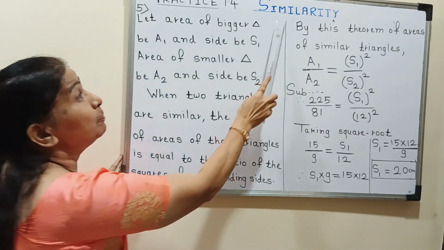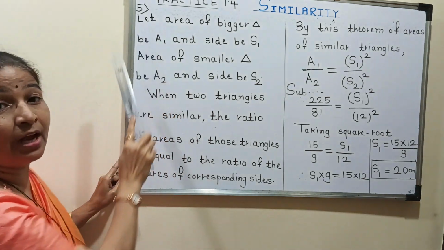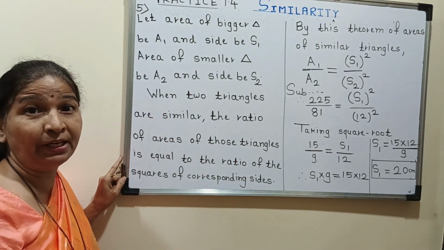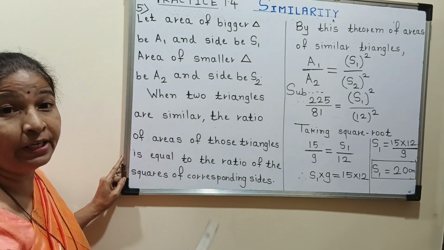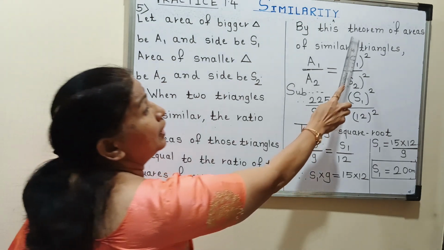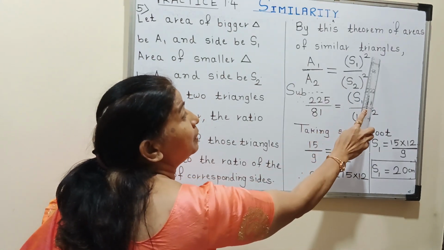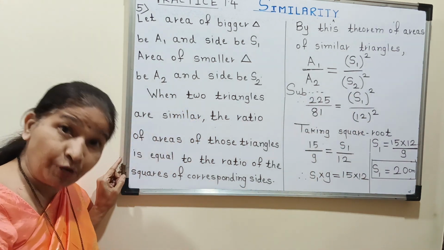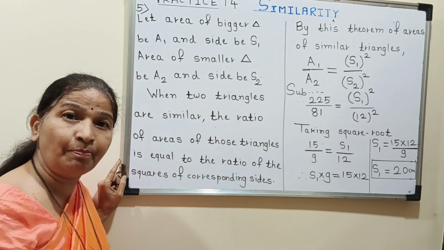In practice set 1.4 in the similarity chapter, we are now learning the fifth example, which depends on the theorem of areas of similar triangles. What information have they provided for this example?